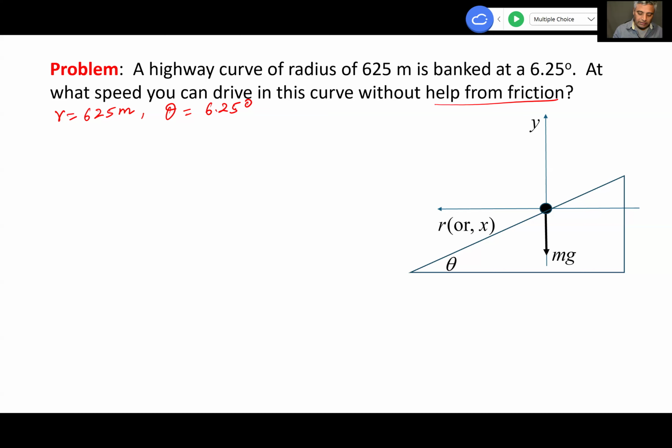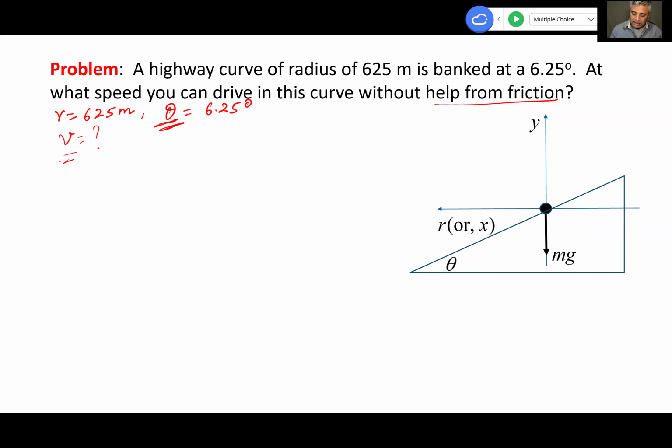Friction is negligible. So what is the speed? We want to establish the relationship between speed and the angle. When the angle is given, you can find the speed, or if the speed needed is given, you can find the angle. That's the goal.